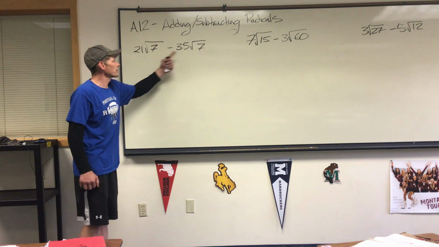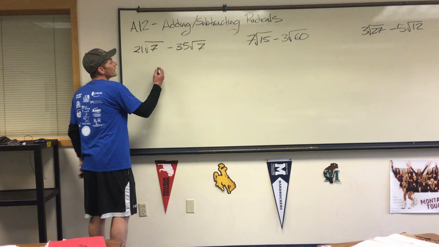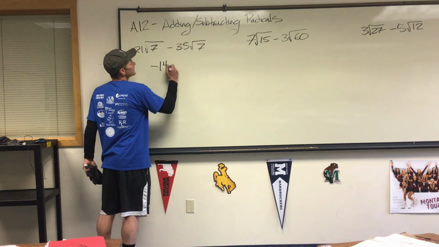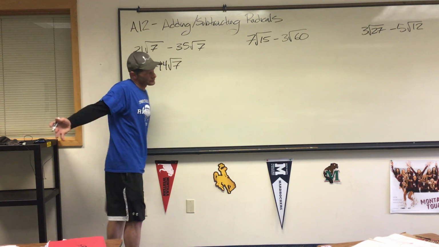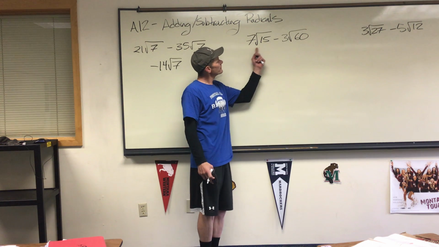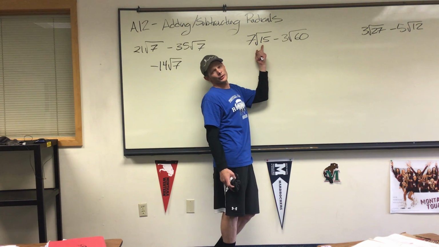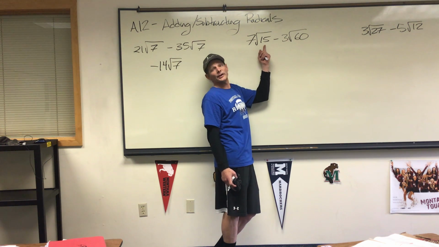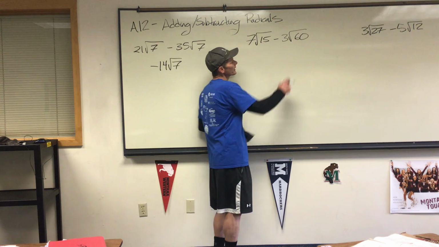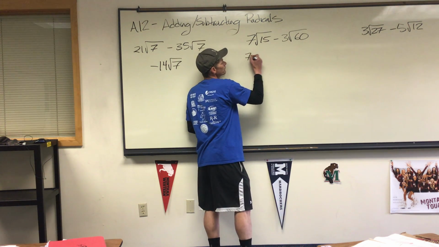If I have 21 of something and I take 35 of them away, I am at minus 14 square roots of 7. Not bad, huh? So, 7 square roots of 15. Can you simplify the square root of 15? Are there any perfect squares that factor it? There are not, so we leave that there and work on this one.